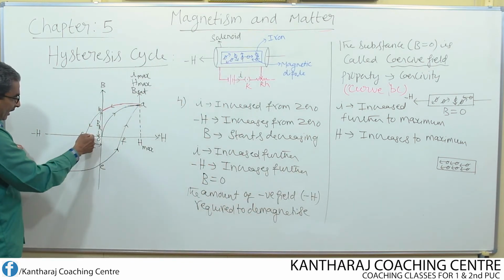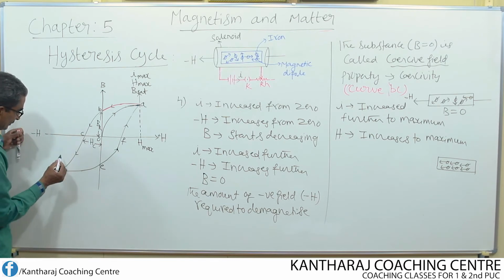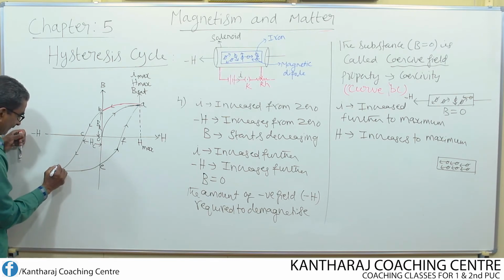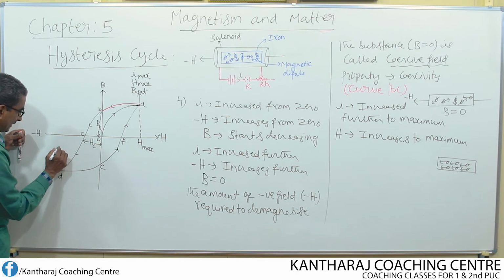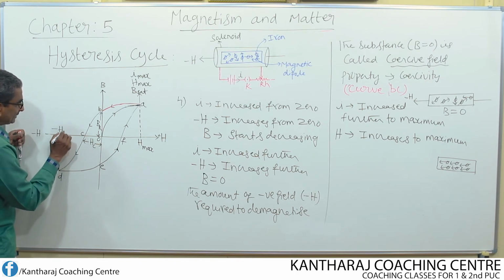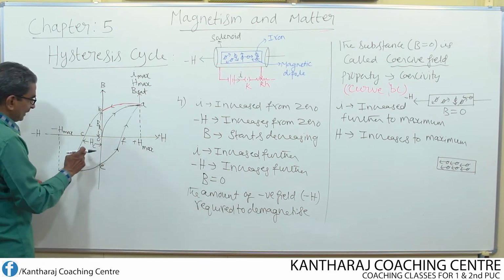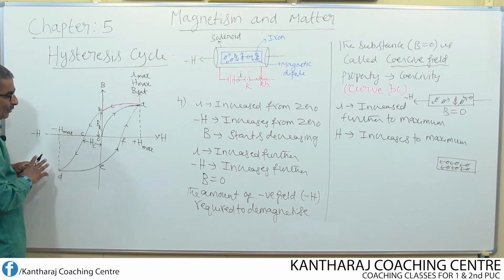Now look here. On increasing H further to maximum. So this is H maximum. In which direction? Negative direction. Minus H maximum. So this is plus H maximum. On increasing H further, now what happens?